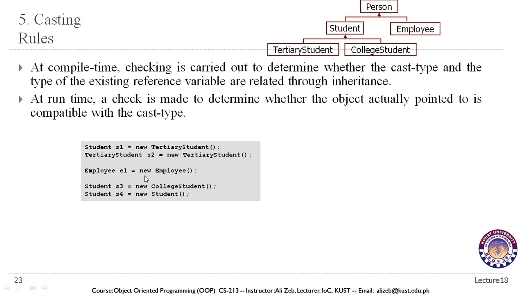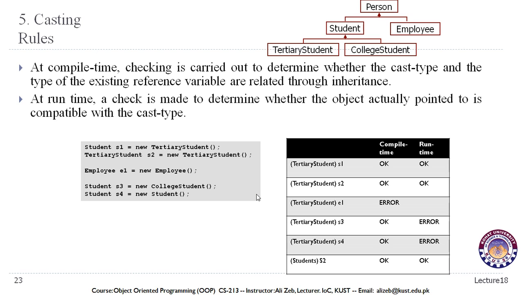And then we have declared an object of the employee class. Then we have objects of these other classes as well. So if you want to see how they are compatible with each other, this is compile time compatibility, and this is runtime compatibility of the object, and these should work.